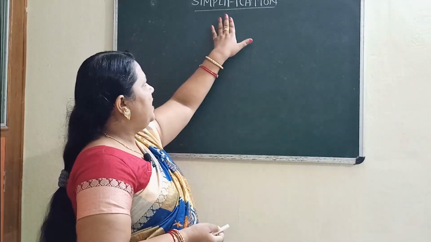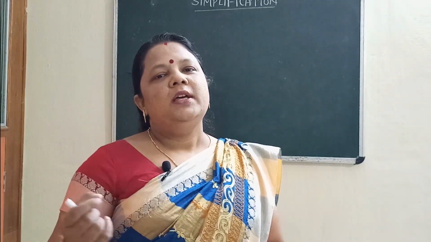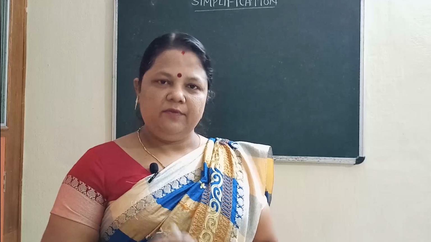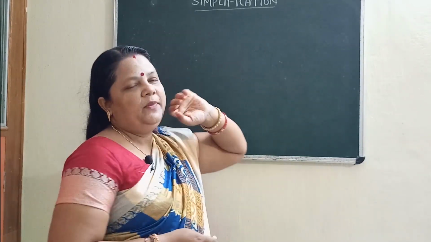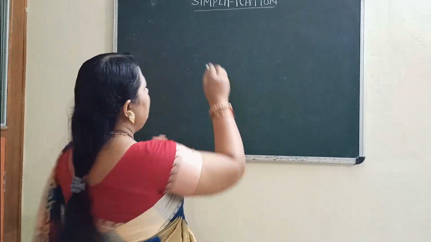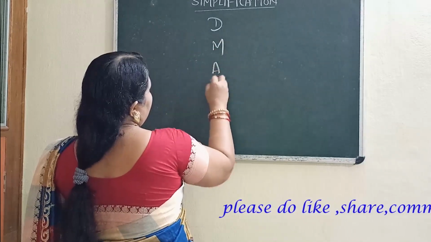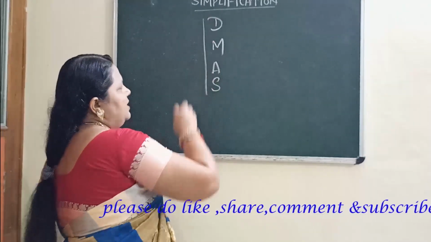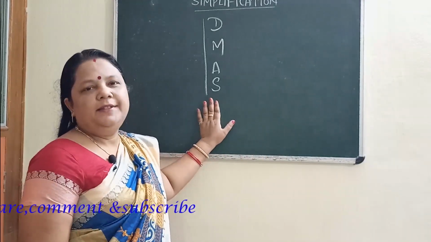So this simplification is coming from this word simplify, to simplify in an easy way. That is your simplification. For that we have to follow some rule. There is one rule that is called the DMAS rule. Today we will discuss about this rule.